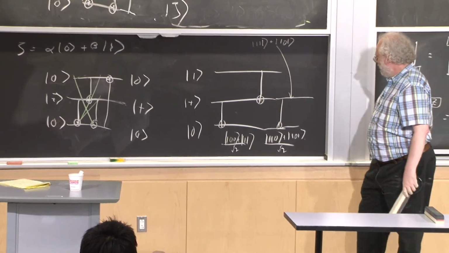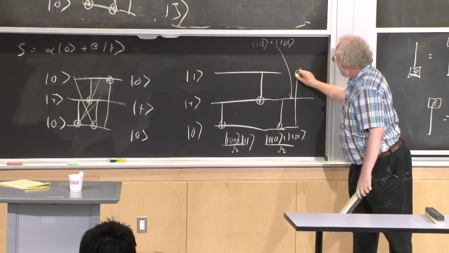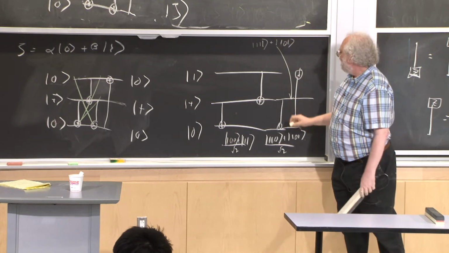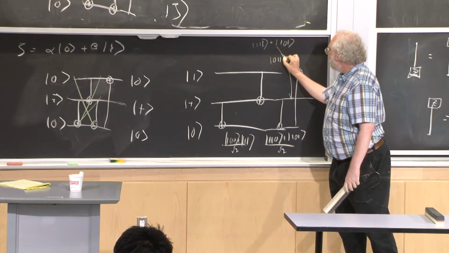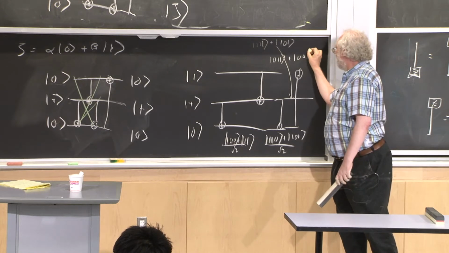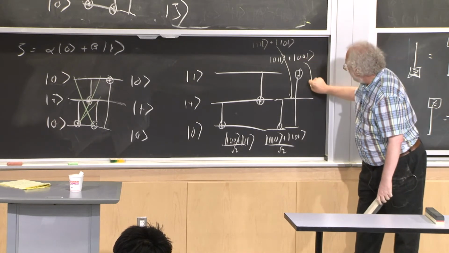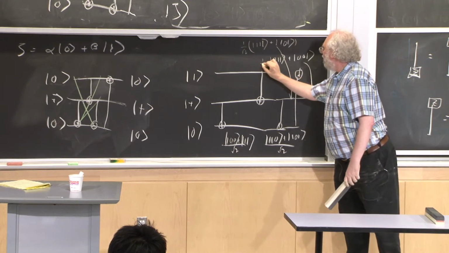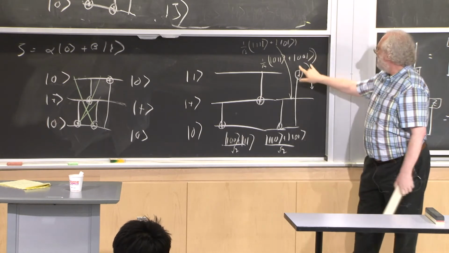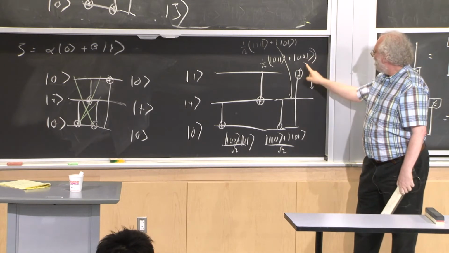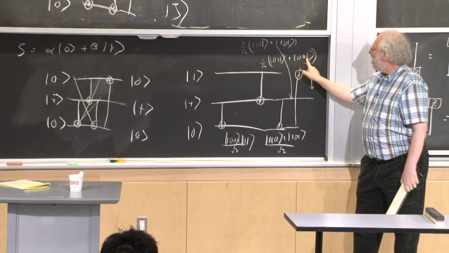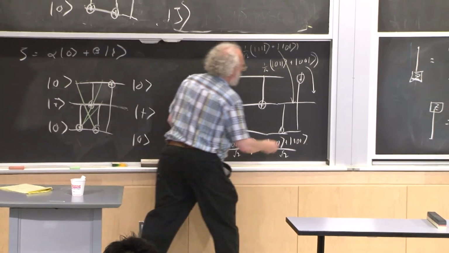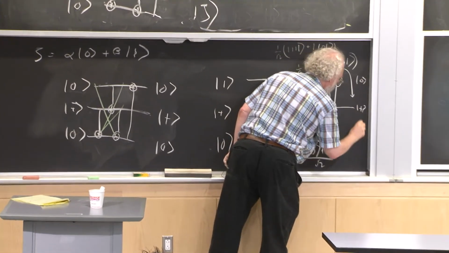And the last thing is this guy. So what that does is take the last qubit and XOR it with the first qubit. So that becomes 0, 1, 1 plus 0, 0, 1. And that's here. And this is 0 plus 1. So 1 plus 0 became 0 plus 1.